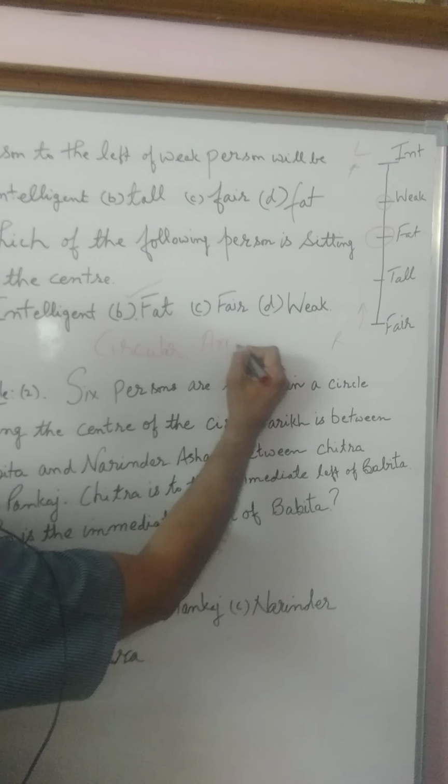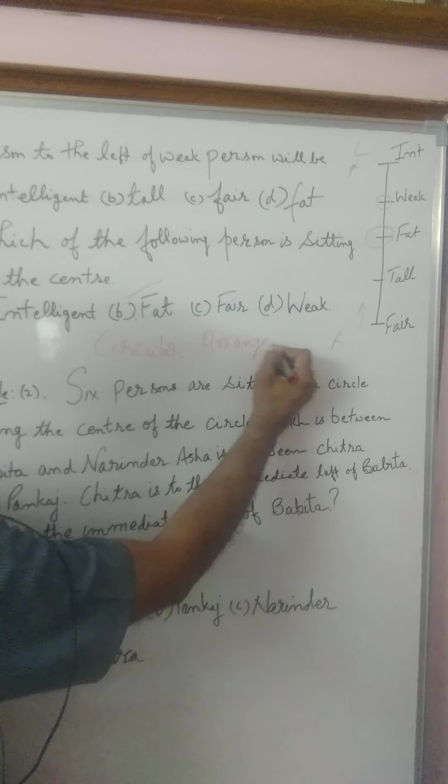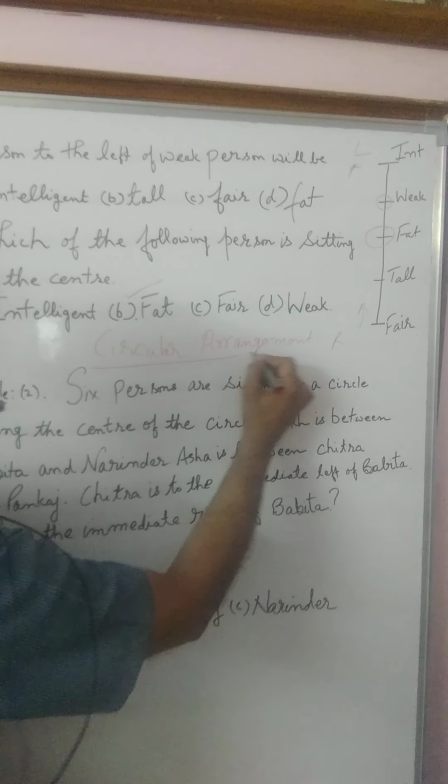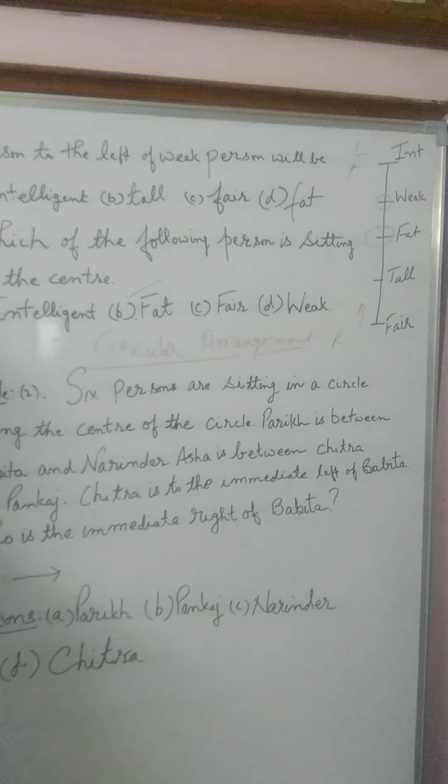They may be facing each other, or they may not be facing each other, but they are watching the center of the circular table, or their faces are towards the center of the circle. If their backs are towards the center of the circle, it means they are facing away from each other. So we have to keep this thing in mind.